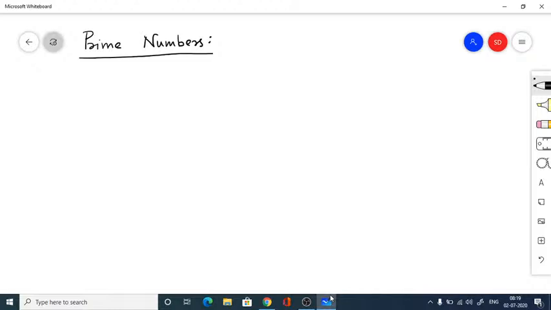Then comes prime numbers. Those numbers which have only two factors are known as prime numbers. Which two factors? 1 and the number itself.